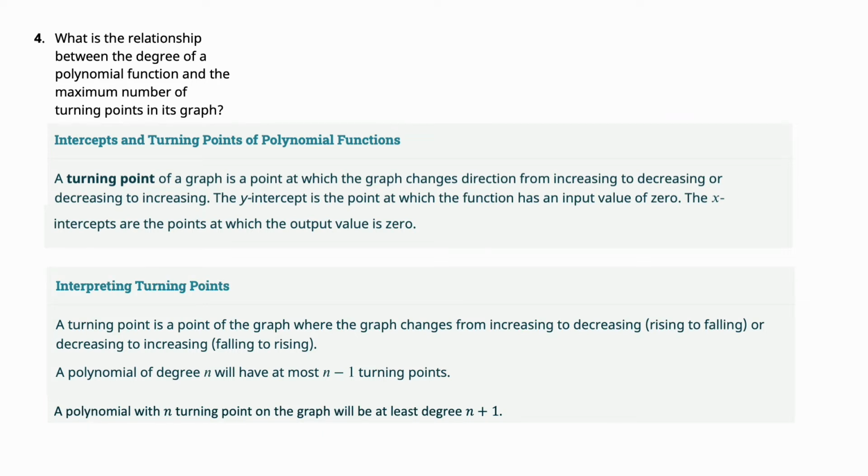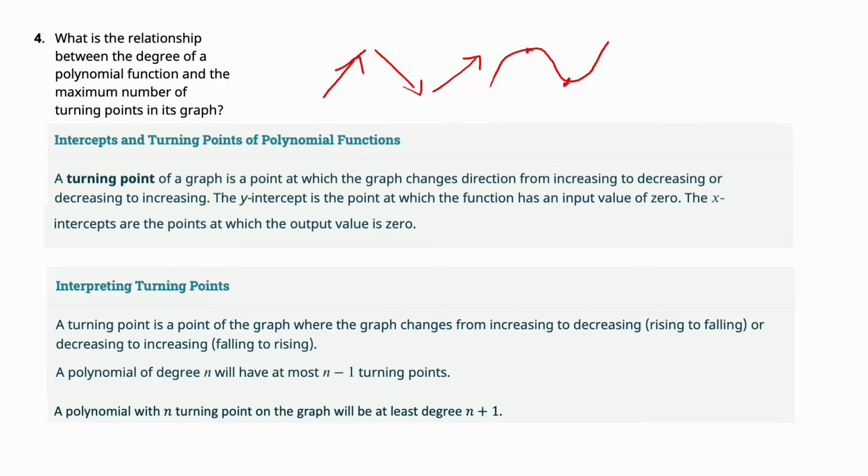What is the relationship between the degree of a polynomial function and the maximum number of turning points? So a turning point is where your graph goes from either increasing to decreasing, like this, or from decreasing to increasing, right? So if you have something that looks like that, your turning points are these spots at the top and the bottom.